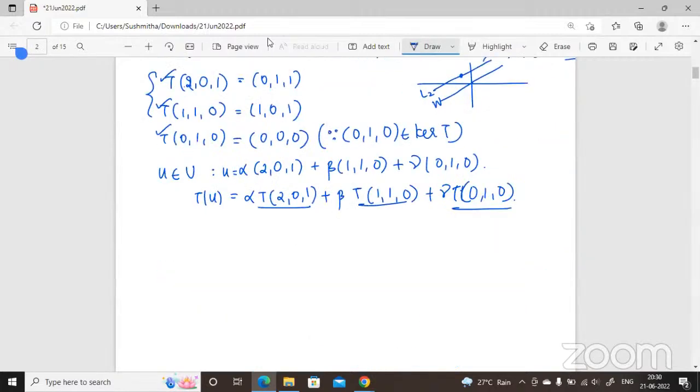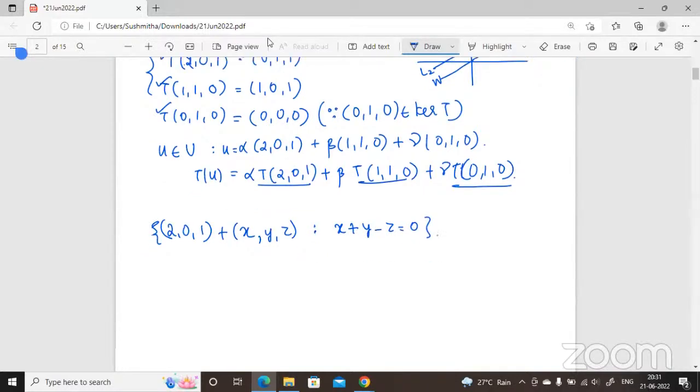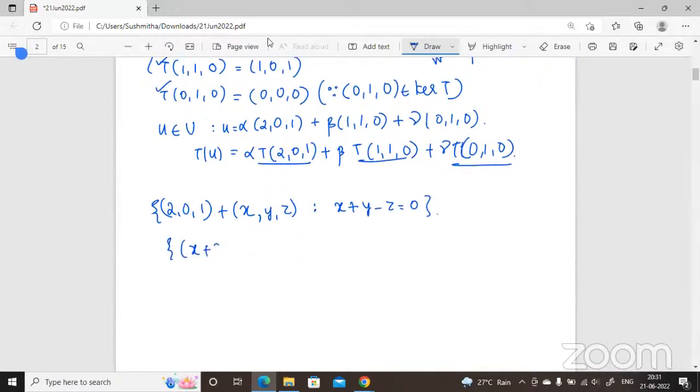If we have to do that, then we are looking at the set of all (2, 0, 1) plus (x, y, z) such that x plus y minus z is equal to 0. So we are looking at all the points (x plus 2, y, z plus 1) such that x plus y minus z is equal to 0.